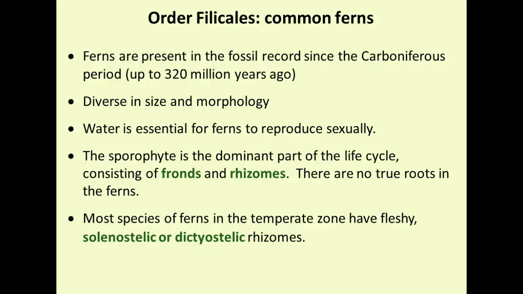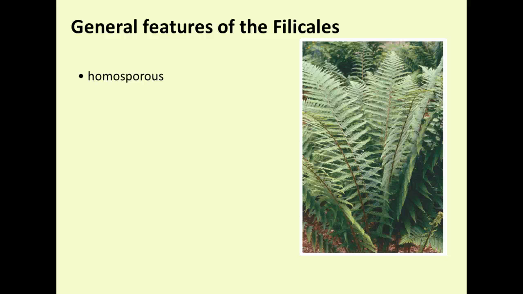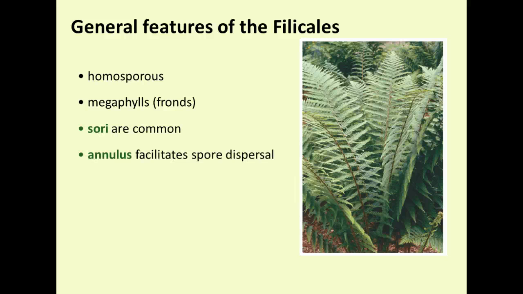Most of them have selenostelic or dictyostelic rhizomes, so those rhizomes have the same vascular structure as the stems. Generally they're homosporous, and the fronds are megaphylls. A microphyll has one vein, a megaphyll has more than one vein. And they have sori, and they have an annulus, and we'll look at these. And many of them have indusia.